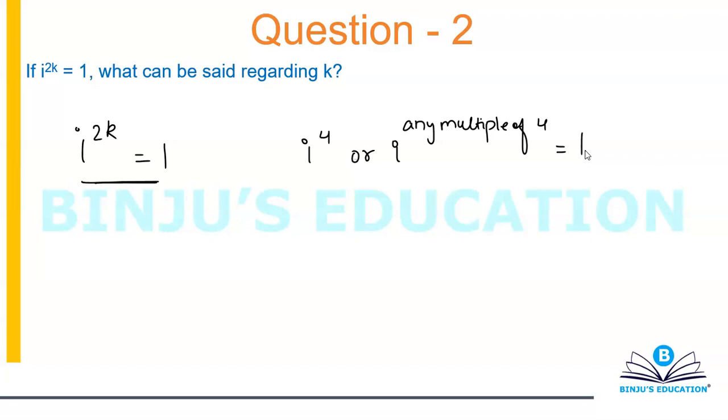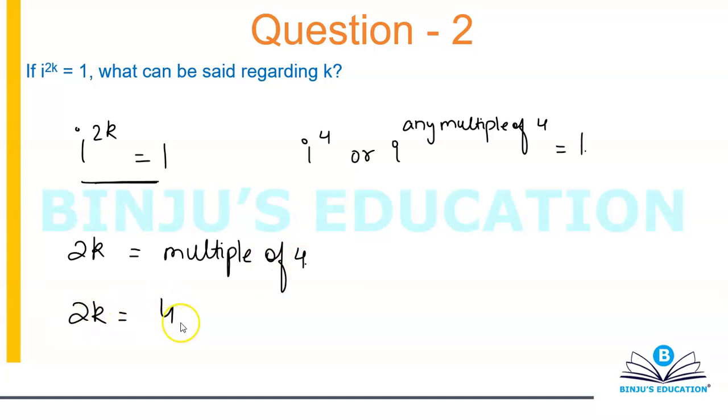So the bottom line is that 2k should be a multiple of 4. So 2k should be equal to 4 into n, where n is any integer value.